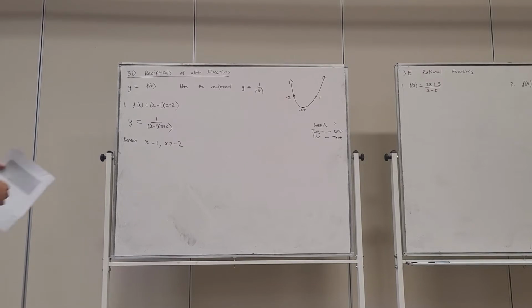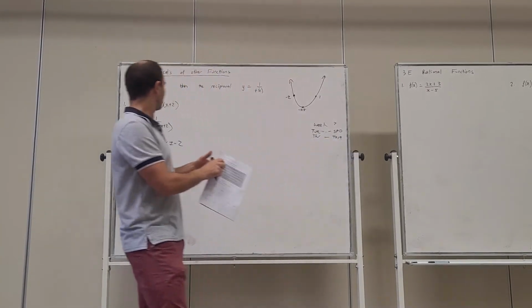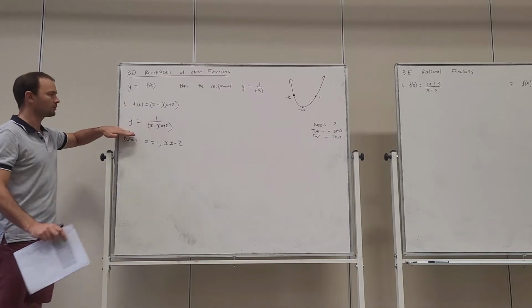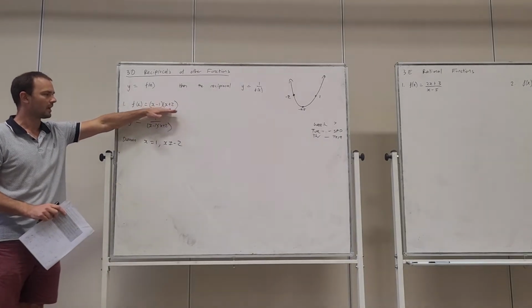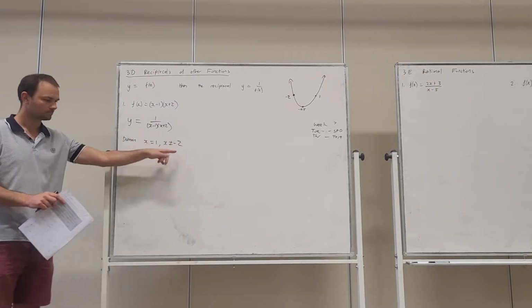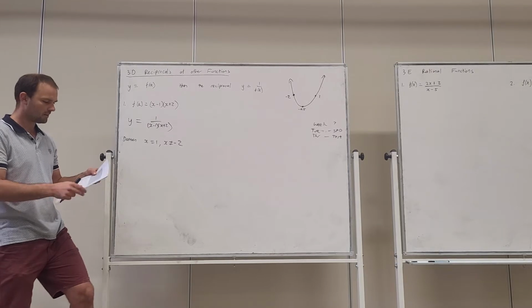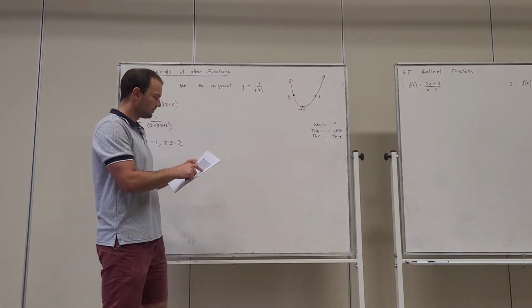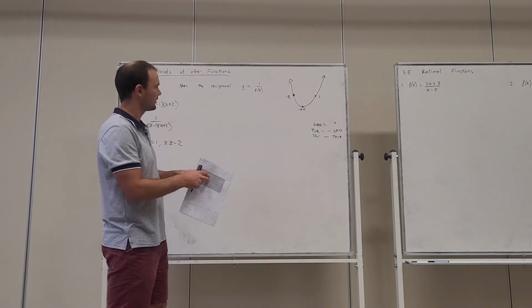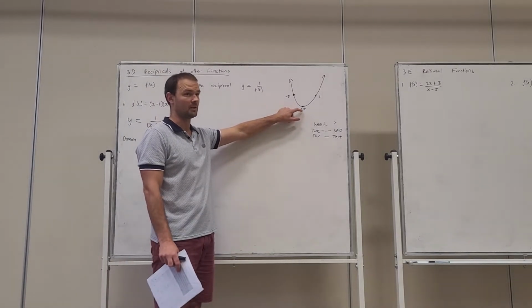And then you've got that grey table there. When we change a function to its reciprocal function, notice how the zeros become the vertical asymptotes. We're going to have vertical asymptotes here. What else do we have? Local maxima become local minima, and local minima become local maxima. So this minimum point is going to become some maximum point.